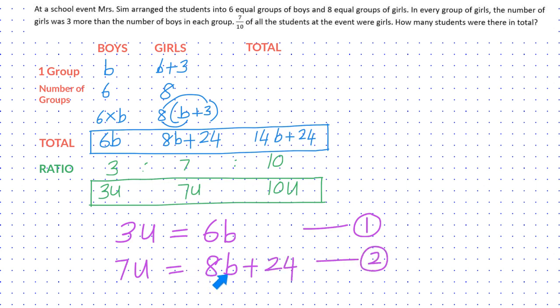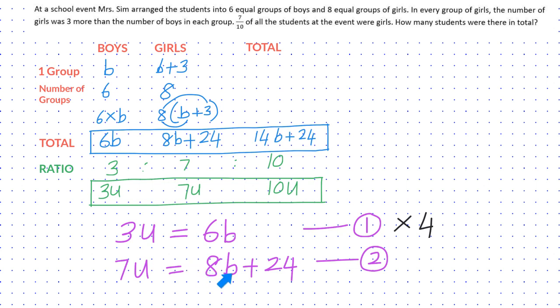Okay, so I'm going to get rid of the B's. To do that, I need to get the coefficients of the B's equal. The lowest common multiple of 6 and 8 is 24. To get 24B here, I need to multiply 6 by 4. So now I will multiply equation 1 by 4.